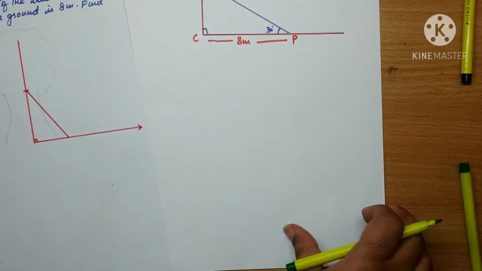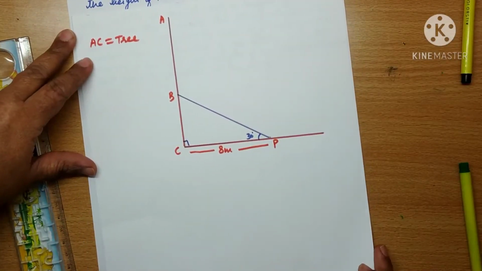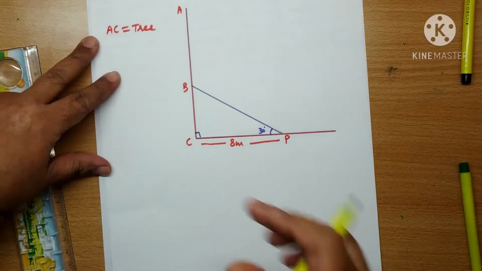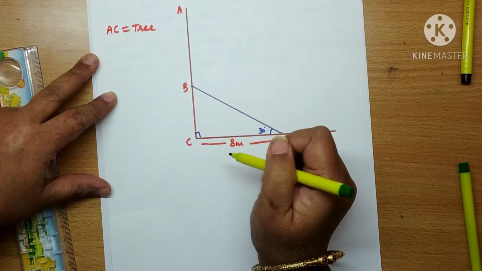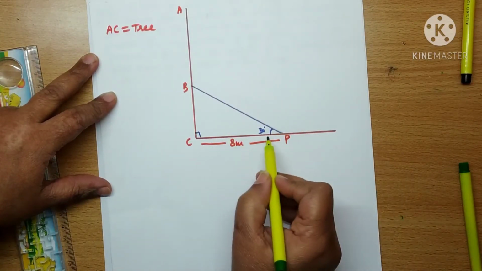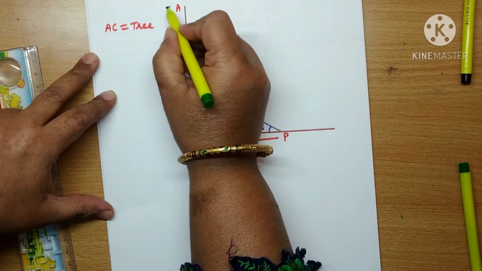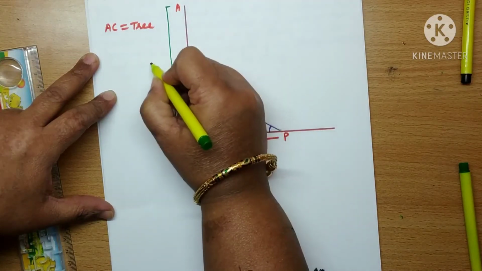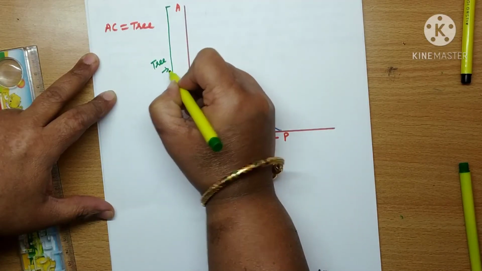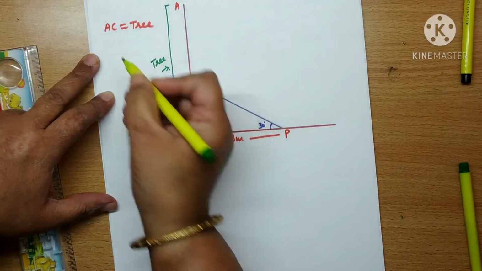The second question says a tree breaks down due to storm and the broken part bends so that the top of the tree touches the ground, making an angle of 30 degree. Let AC be the tree. So this AC is our tree. Then let this be the point where the tree broke.